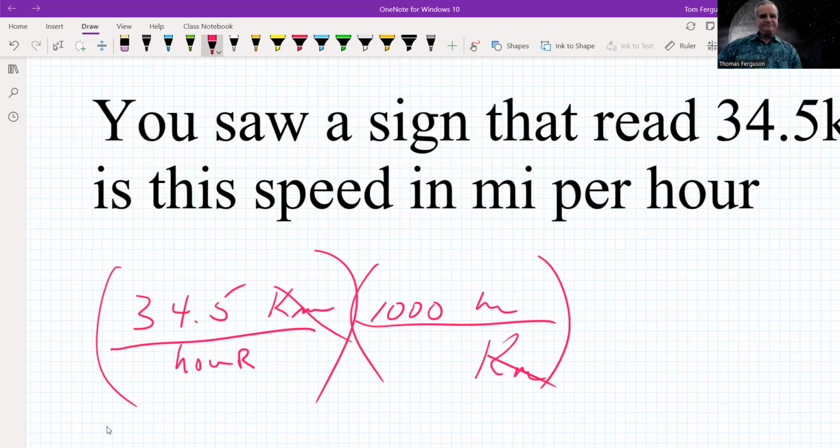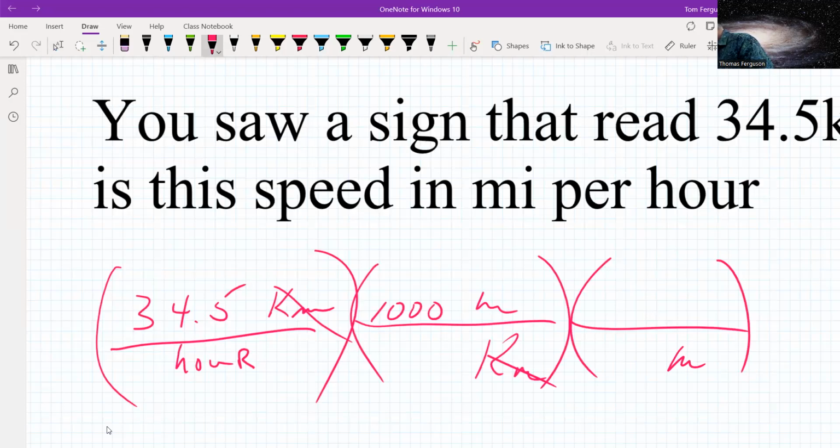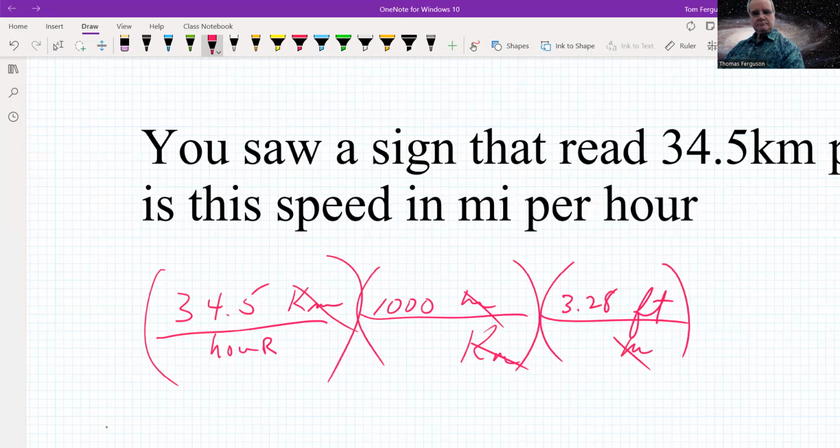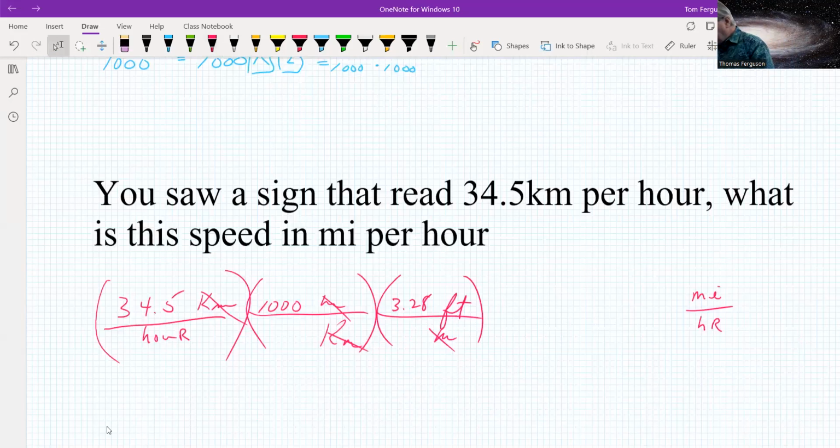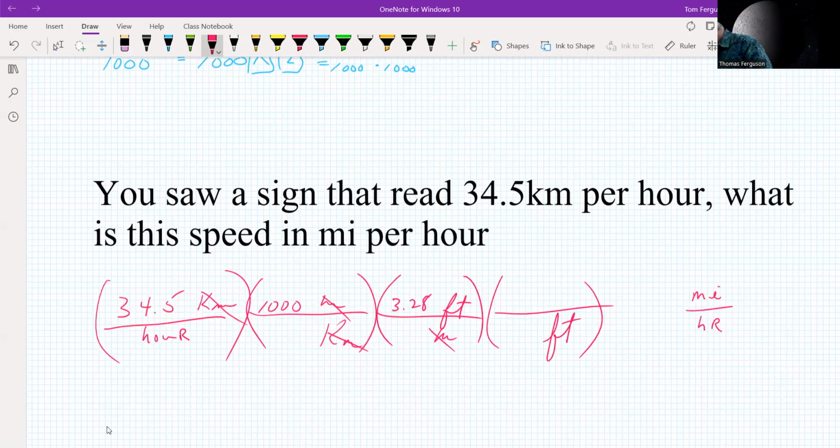Okay, we're in meters now. So let's convert the meters now to feet. And that is what, 328. And now we have feet. And we're going to go feet to a mile. And that's 5280. Okay, so now we have miles per hour.